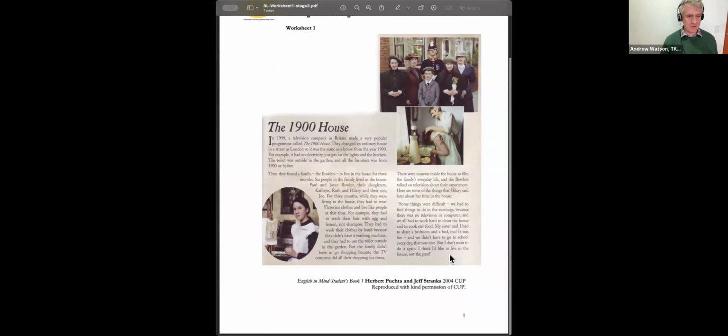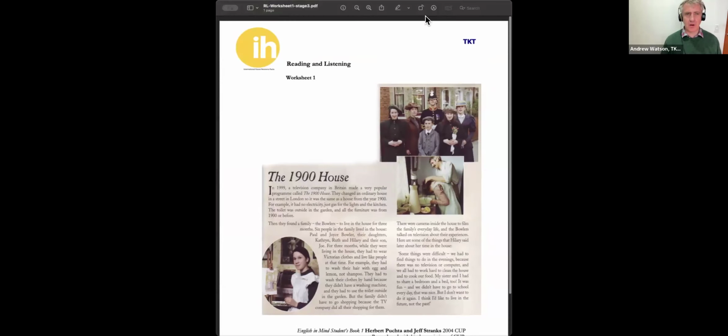Just get those ready. So you're going to see some worksheets like this. And I'm going to have you brainstorm what types of activities you could do with these.